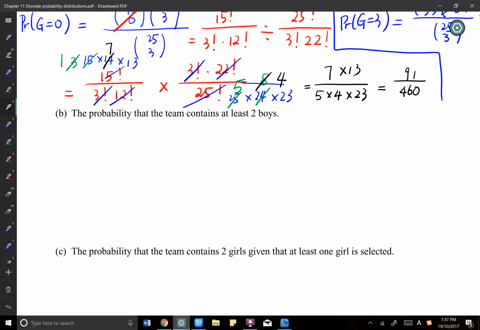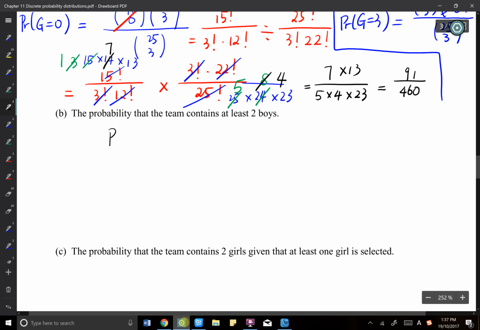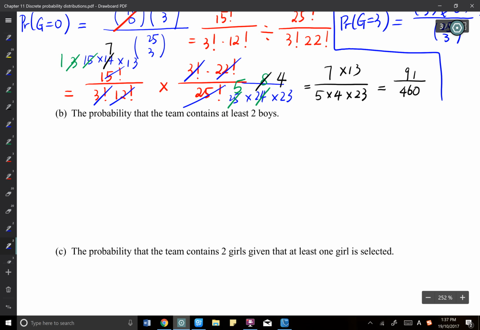Be careful with your notation. You need to start learning how to write notation now. You can't just put the values in and that's it. You need to think about how to write the notation.